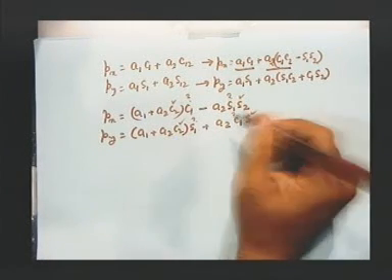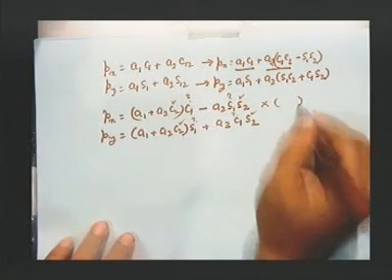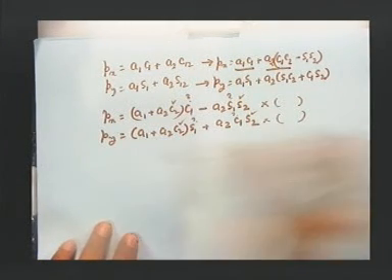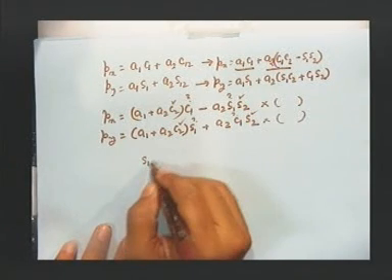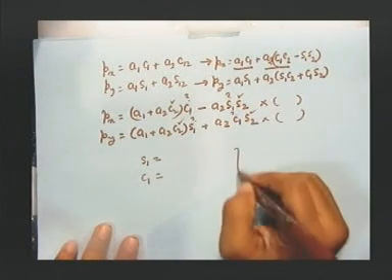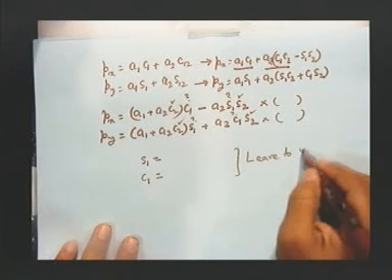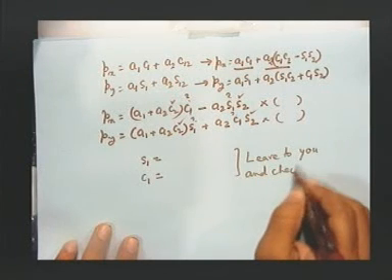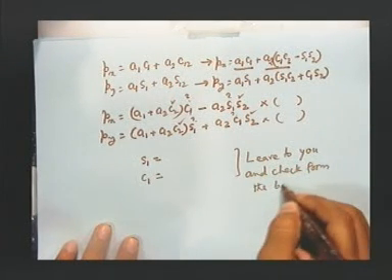You can multiply this one with a certain factor and this one with a certain factor, and then add them to calculate sin theta 1 equal to something and cos theta 1 equal to something. This I leave to you, and you can check from the book.